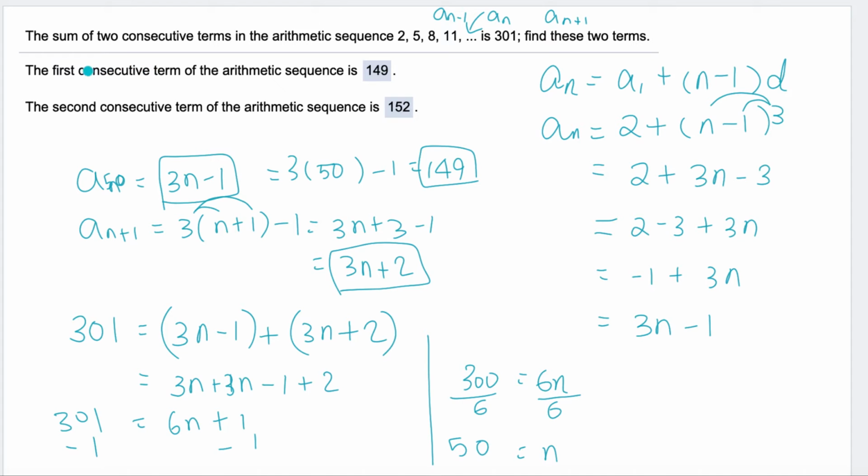That is my first consecutive term, 149. And the second consecutive term is 3 more than that. So you can add 3, which is 152. Or you can plug in 50 here, the second term, and you still get 152. 3 times 50 is 150, plus 2 is 152. So you can solve this problem.